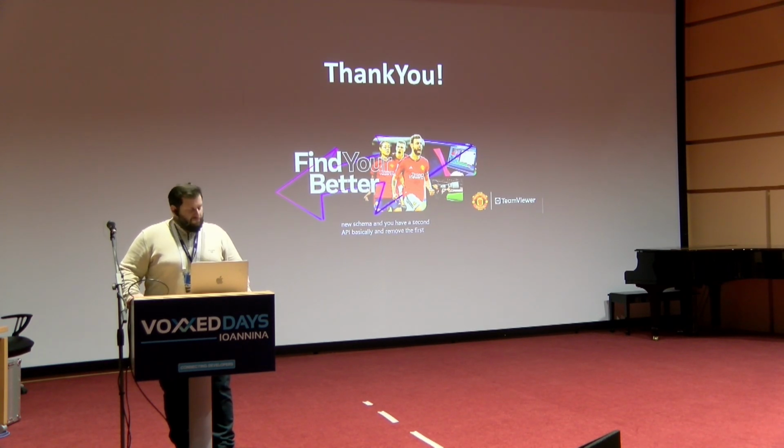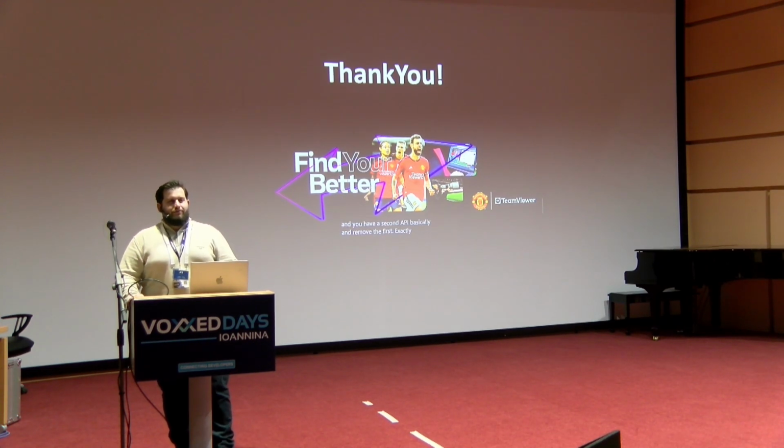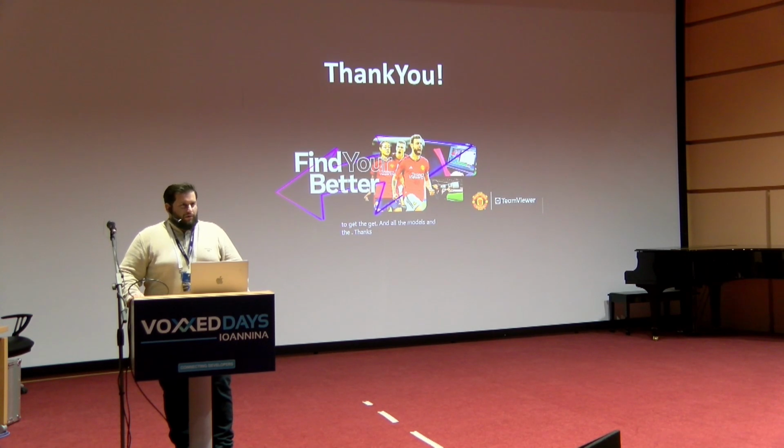I have another question. Do you also use the generators for the clients to actually pull everything? Exactly, exactly. So basically, you have it for the backend in order to generate the stub functions. For example, on C# to get the get and all the models and the function names ready on the controller.